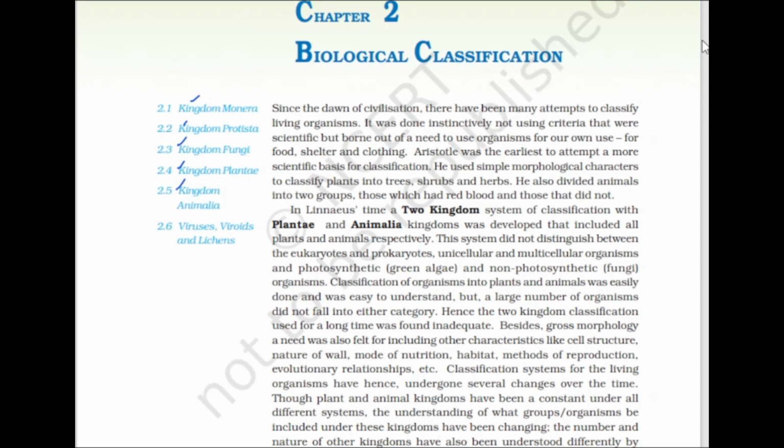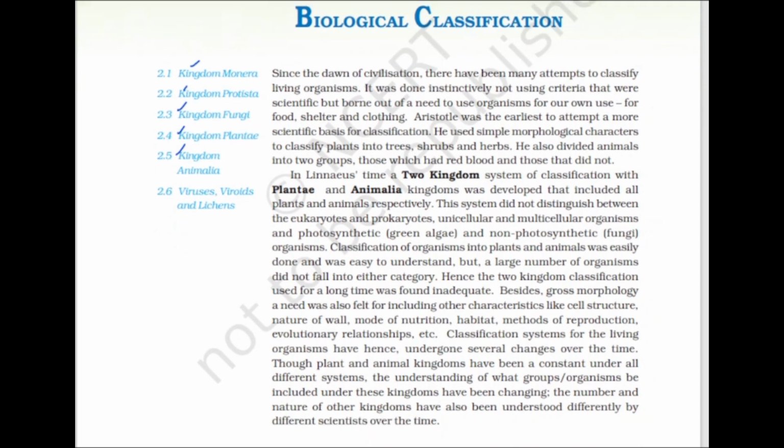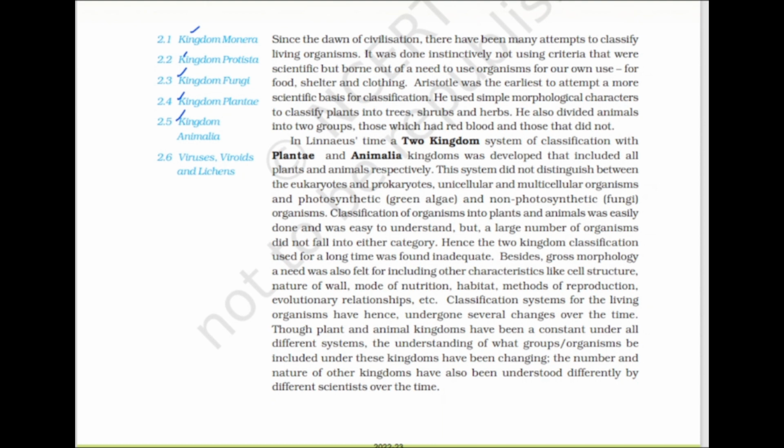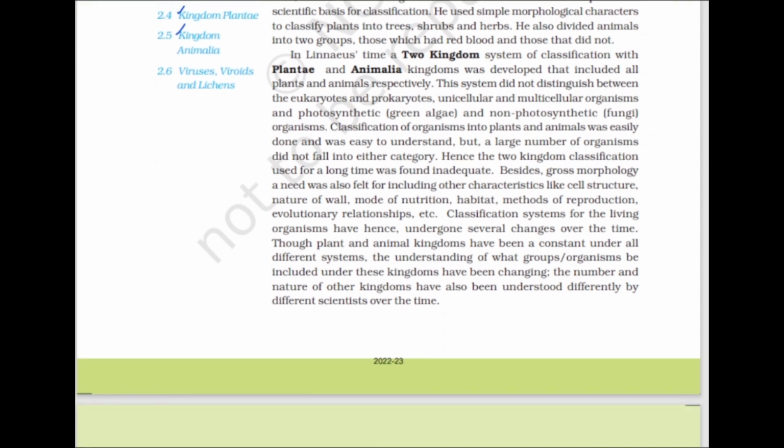Classification systems for living organisms have hence undergone several changes over time. Earlier it was Aristotle who attempted a more scientific basis, and he classified plants on the basis of morphological characters.